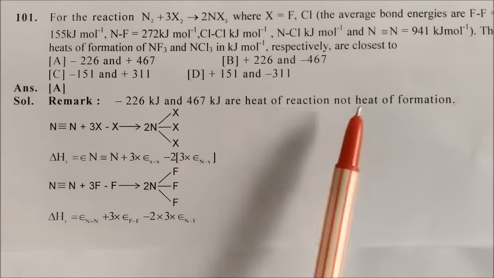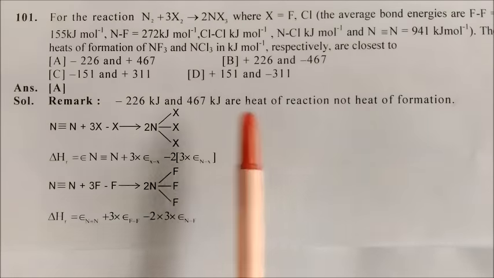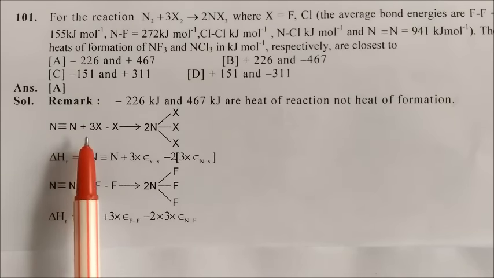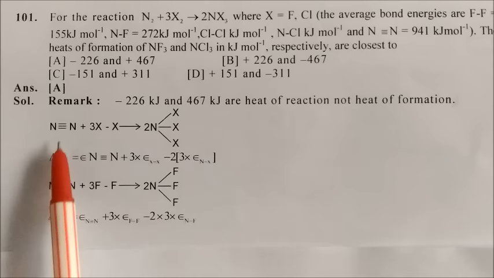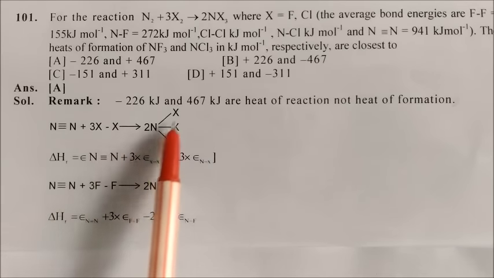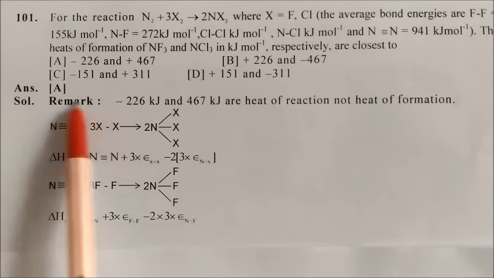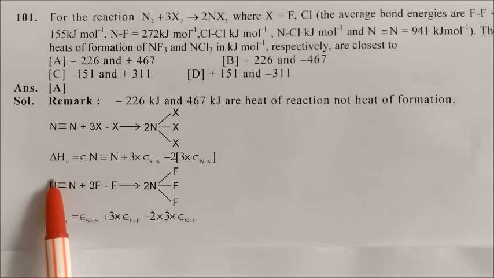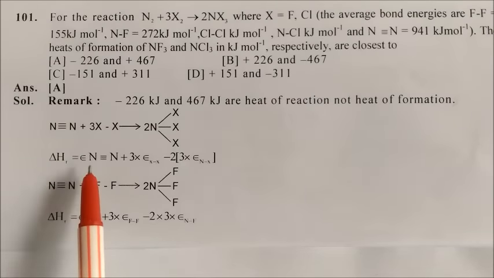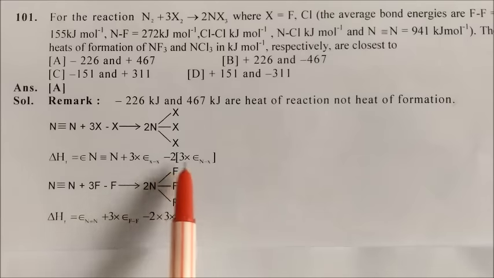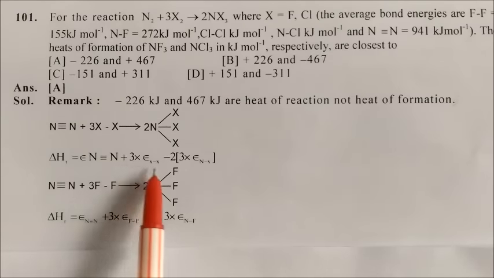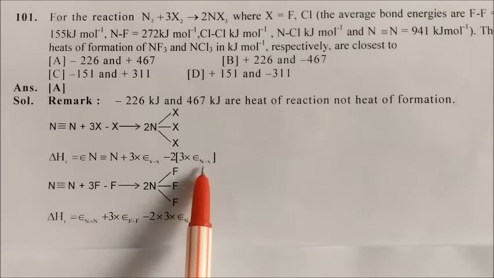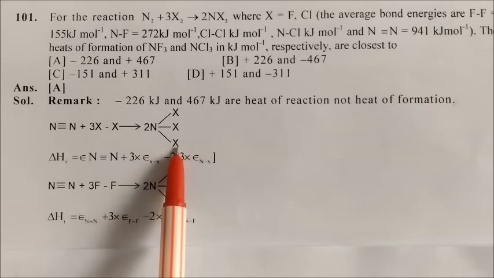So they are asking heat of formation, but heat of reaction has been given. So we know the formula of heat of reaction, that is the summation of the bond energies of the reactants minus that of the products. So N2 plus 3X2 and 2NX3. We have to take the reactants minus the products. The heat of reaction is nitrogen plus 3 into X-X minus 2 into 3 into the bond between nitrogen and X, so 1, 2, 3 is there.